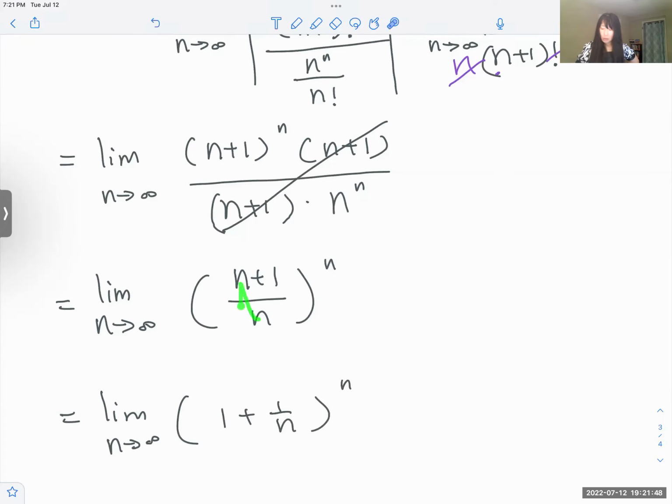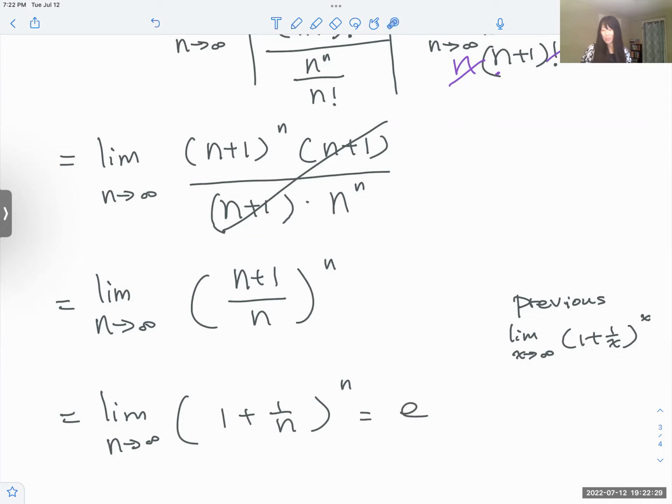So n over n, which is the 1 over n is there. Does anyone recognize this one from previous? No one recognizes? Okay, this is E.